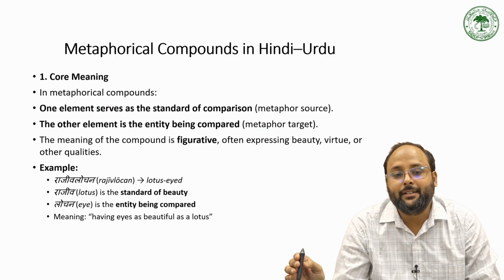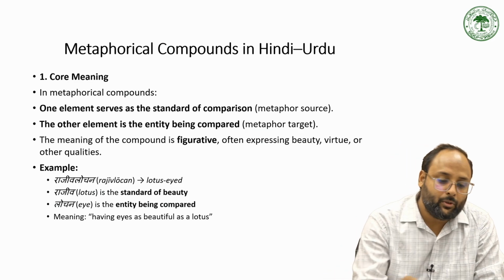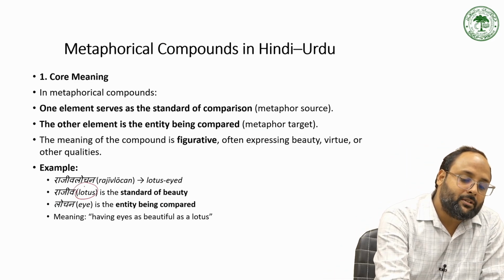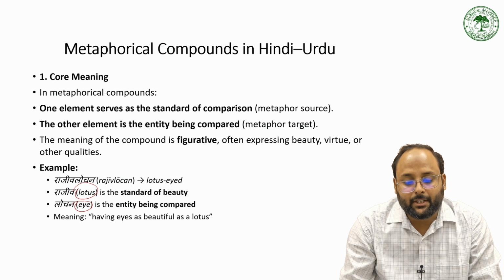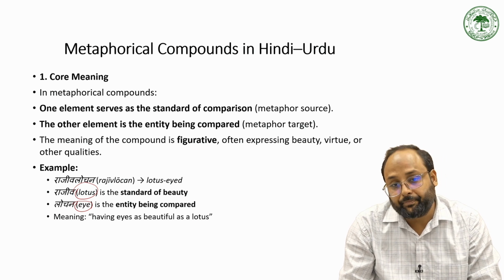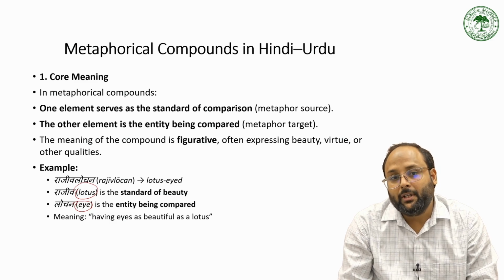The second is Lochan, which means eye, the entity being compared. So we compare the eye to the lotus. It gives the meaning of having eyes as beautiful as a lotus. That is the comparing, and that is the core meaning of metaphorical compounds.